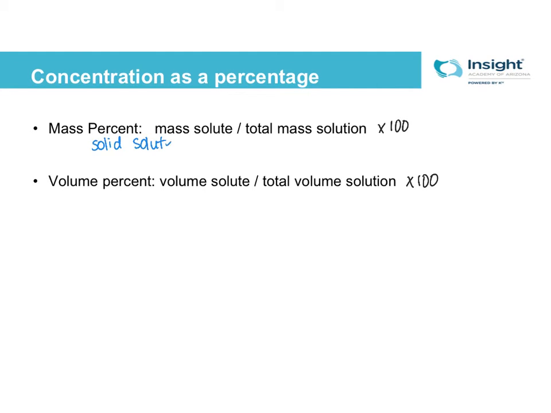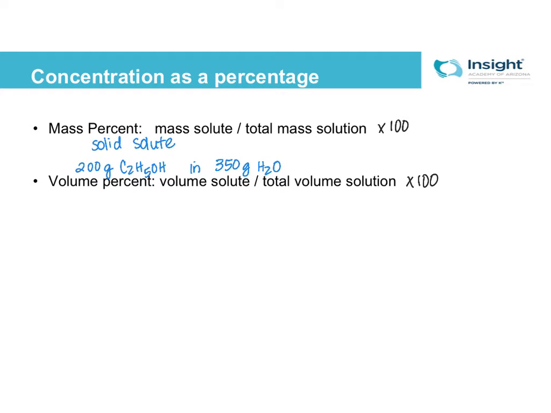So for example, that mole fraction we did before, we had 200 grams of C2H5OH in 350 grams of water. All right, so to get my mass percent of this, I don't have to convert these to moles.